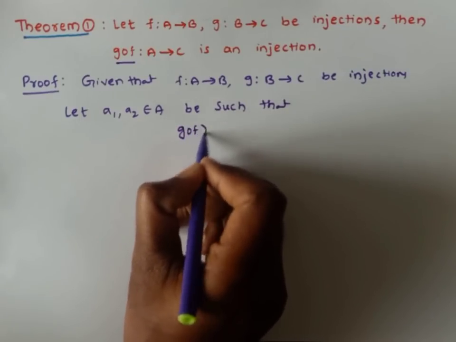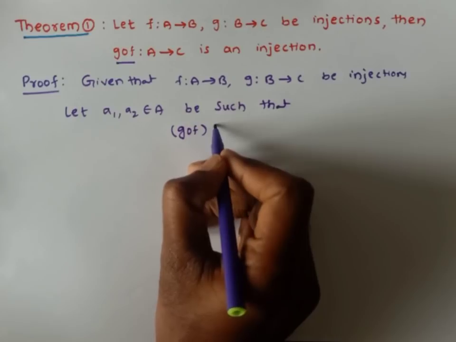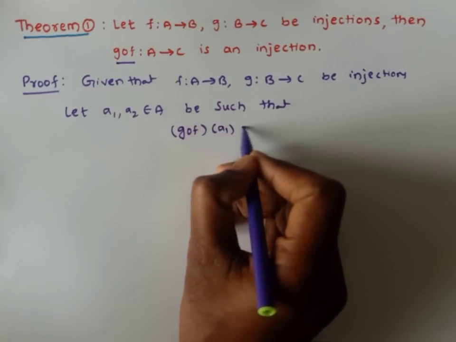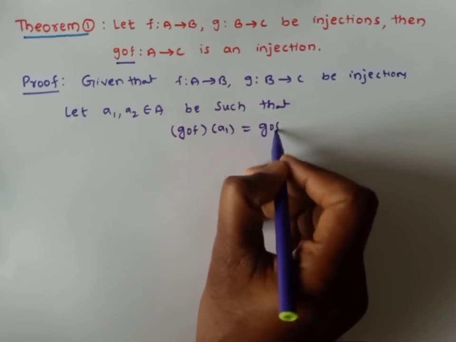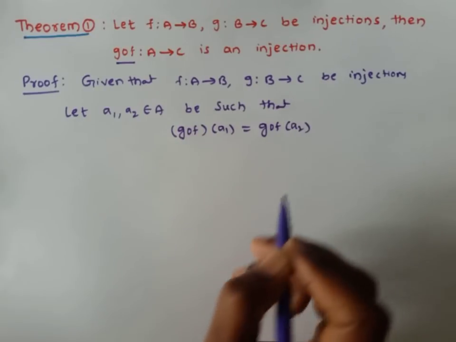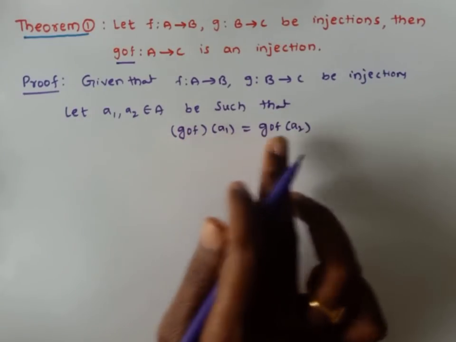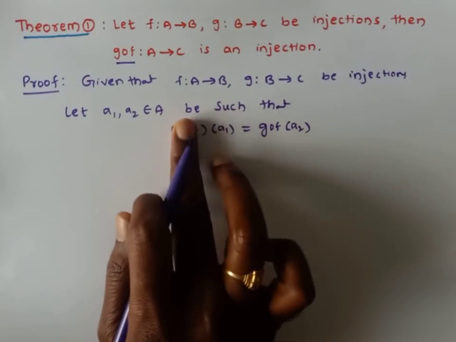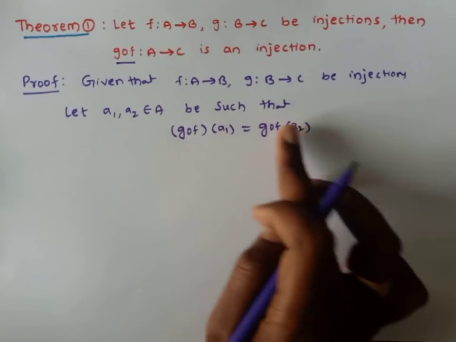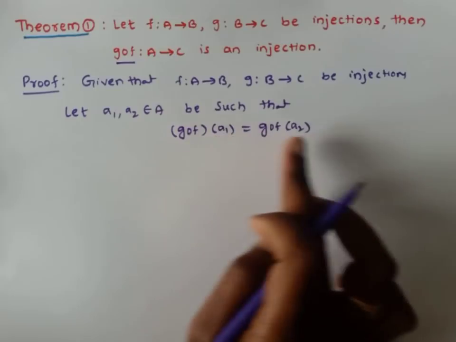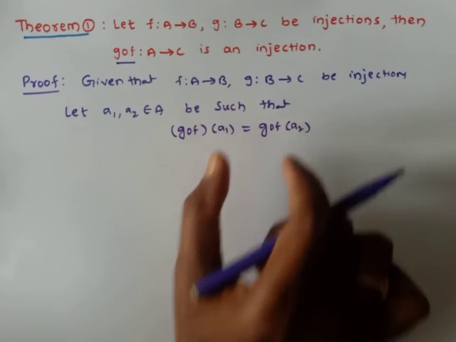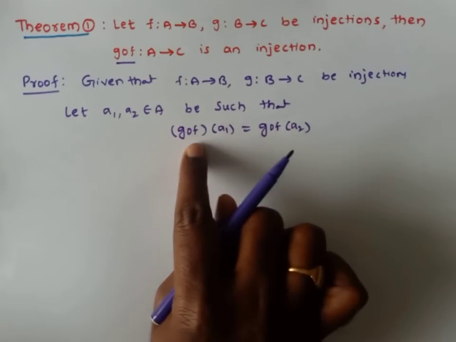Here g compose f is a function. So g compose f of a1 is equal to g compose f of a2. Let these images be the same. But here these two elements have the same images with respect to this function.